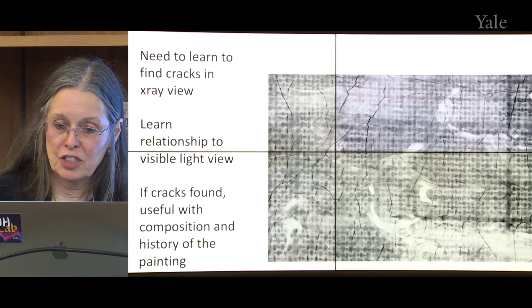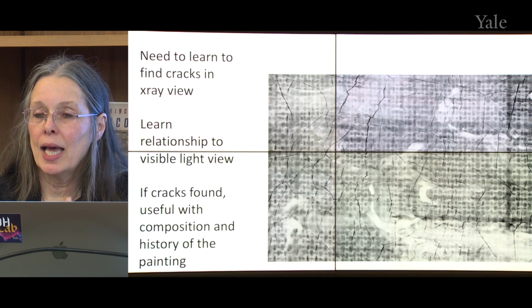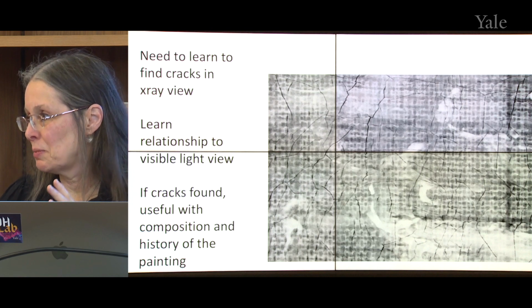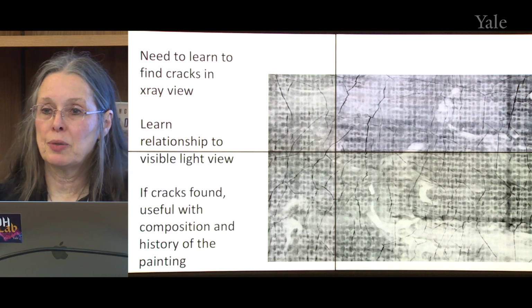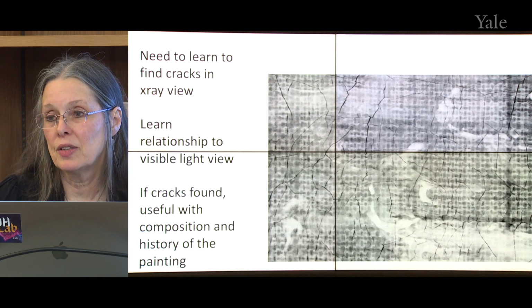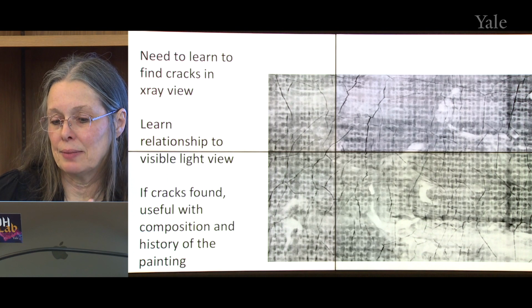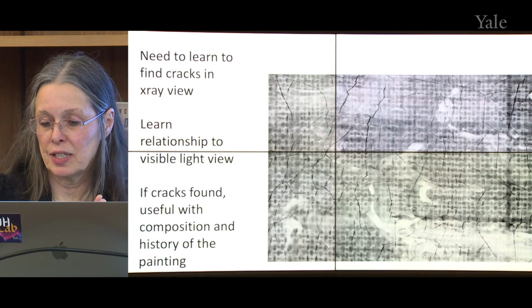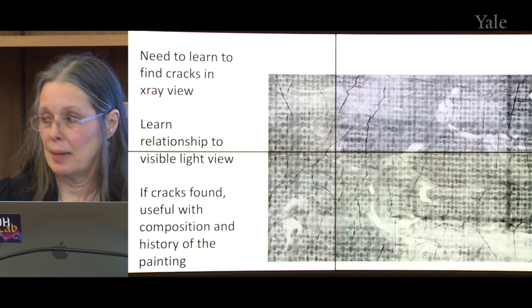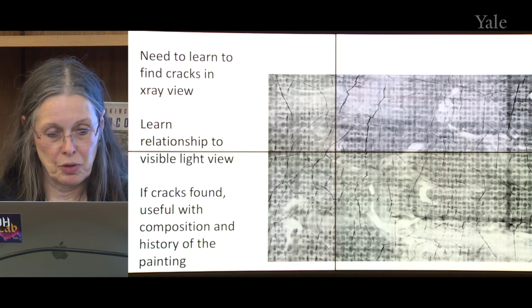So we have a chance to extract the cracks from the X-ray and then learn, using deep learning, the relationship between those cracks and the appearance of the painting, so that once we learn that, we can probably, at least to some extent, detect cracks in paintings that we don't have X-rays for. It's not a slam dunk. There's a lot of work to do, but it's a great idea that we'll be pursuing.